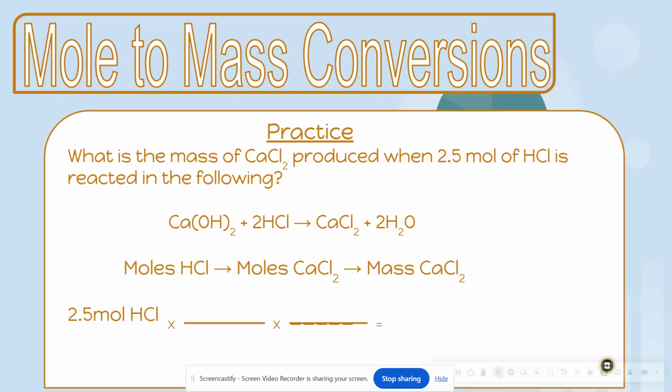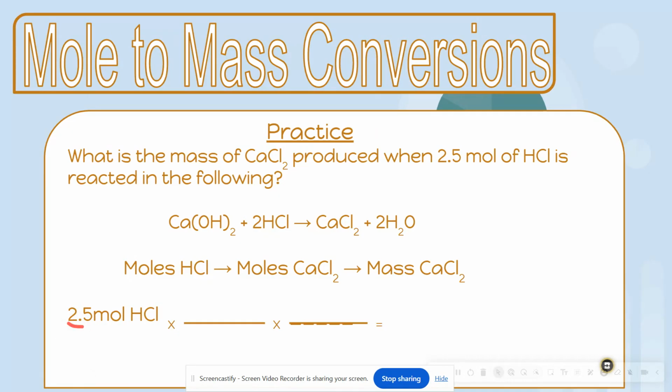What is the mass of calcium chloride produced when 2.5 moles of hydrochloric acid is reacted in the following? So I'm going from moles of HCl to moles of CaCl2 to mass of CaCl2.